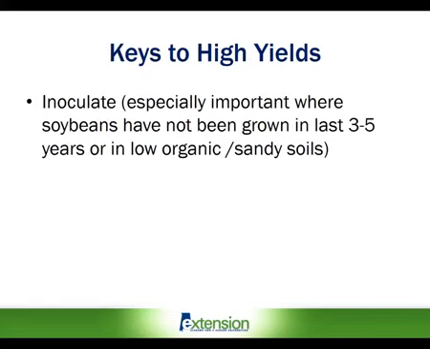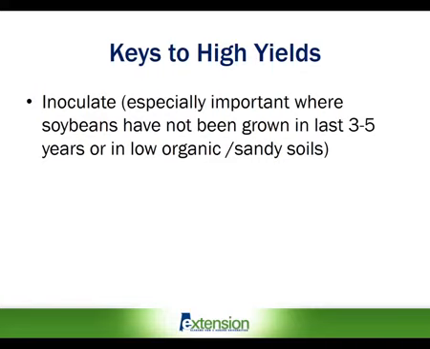Another key to high yields is inoculation. This is important where soybeans haven't been planted in the last 3 to 5 years. A lot of the literature says if you've planted soybeans in that particular field in the last 3 to 5 years, then you don't need to inoculate.